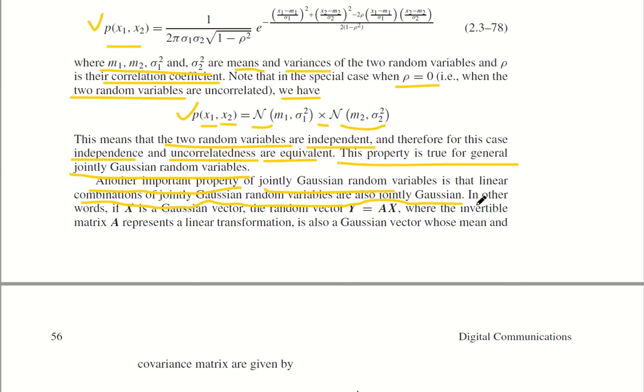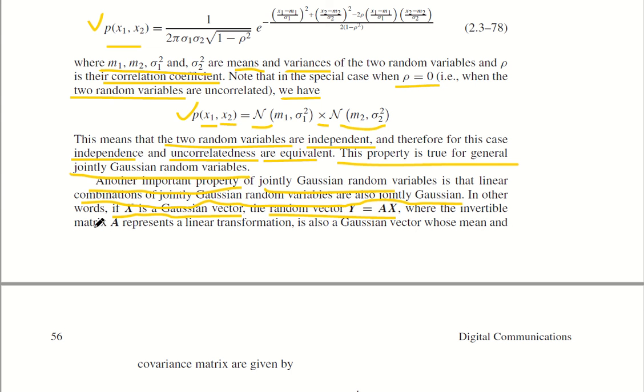In other words, if x is a Gaussian vector, then the random vector y equal to A multiplied by x, where A is an invertible matrix representing a linear transformation, is also Gaussian. Notice that this is a vector version of multiplication, not the scalar version.